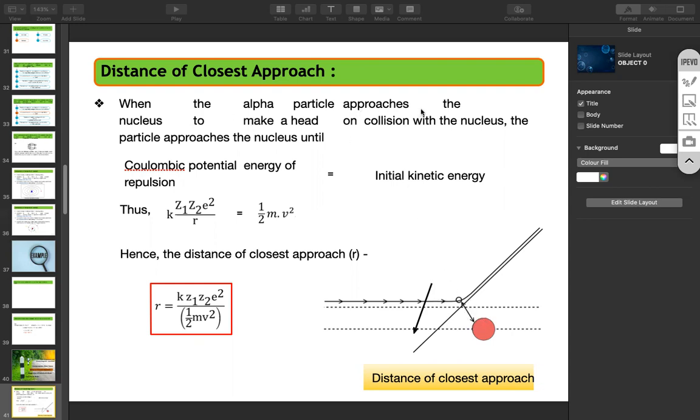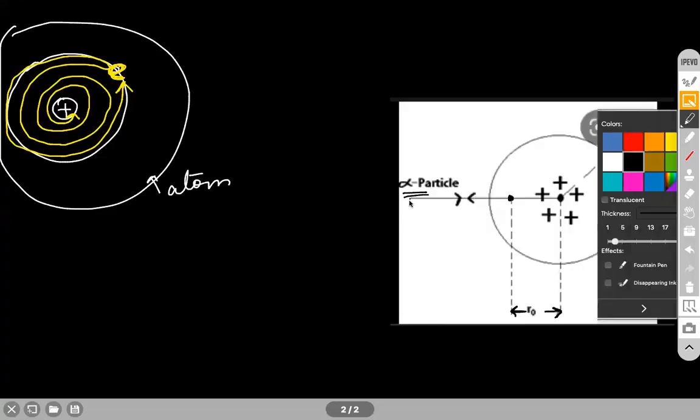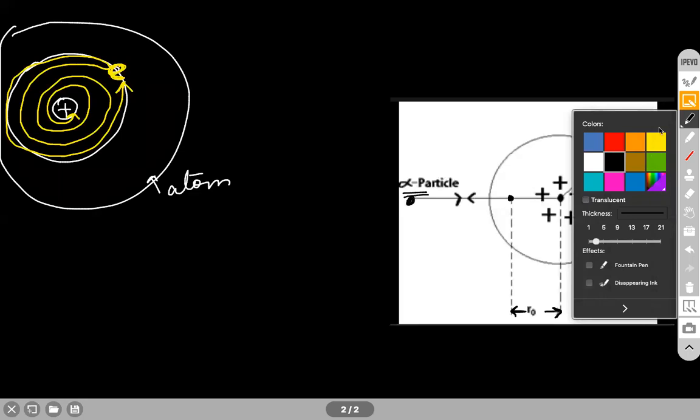So when the alpha particle approaches the nucleus and makes a head-on collision with it, what will happen? The particle approaches the nucleus until this expression. What does this mean? I'll explain. Earlier my alpha particle was present here.